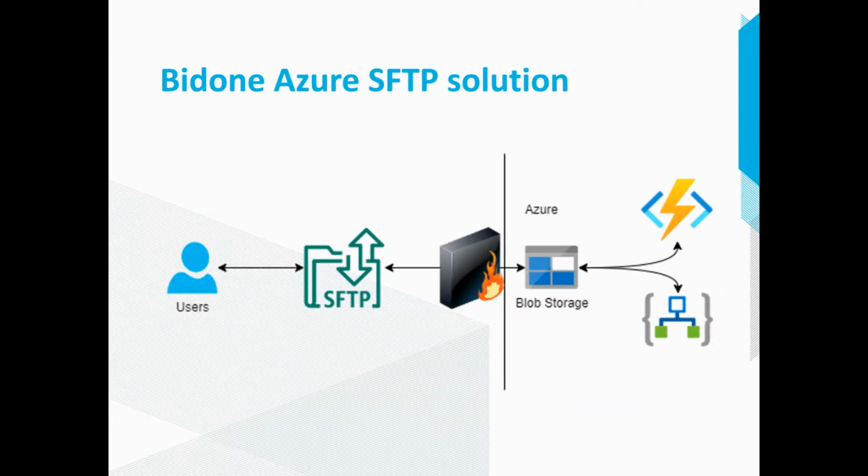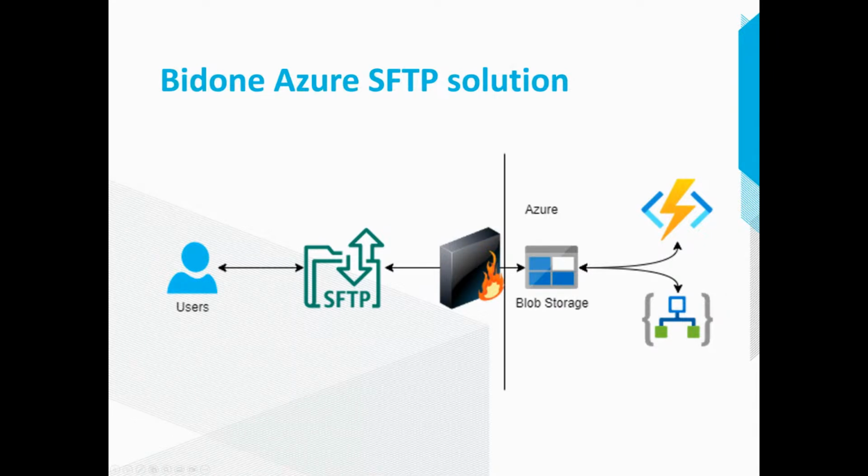So what would our SFTP solution look like? At the moment, for some of the old interfaces, we're using the SFTP server on premise. But what this picture shows is what our solution will look like once we've shifted to this SFTP on blob storage.